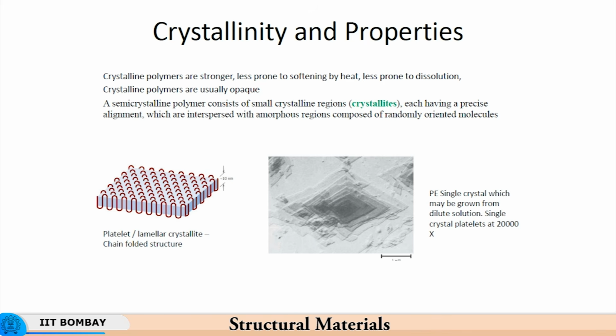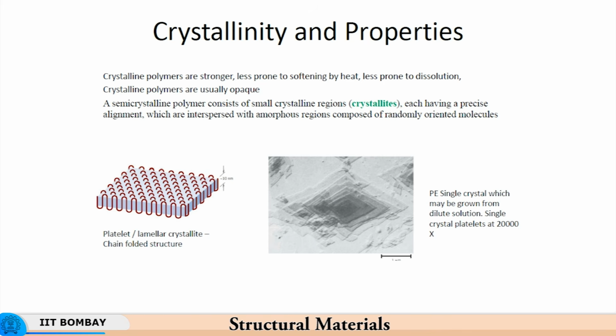So one can generate these kinds of regions deliberately. Wherever the required properties are relatively superior, that is, the product should not distort, should not soften by heat, should be strong, and should have resistance to deformation, wear and tear, there you would have crystalline polymers crystallizing.